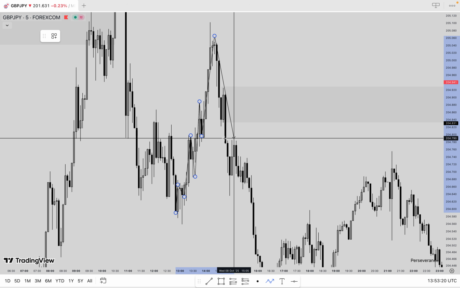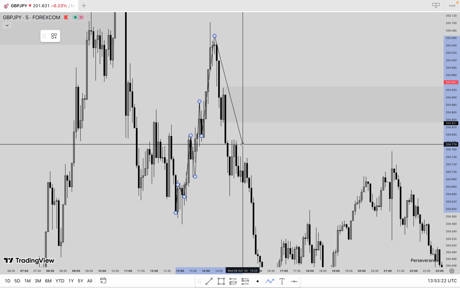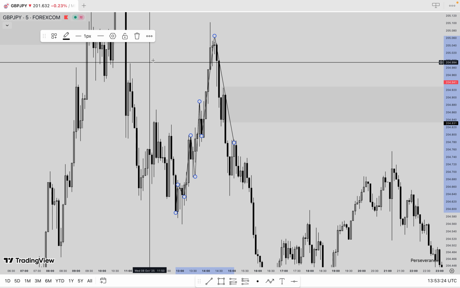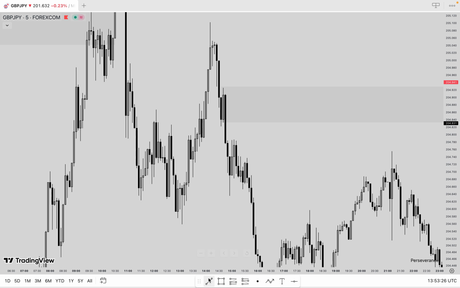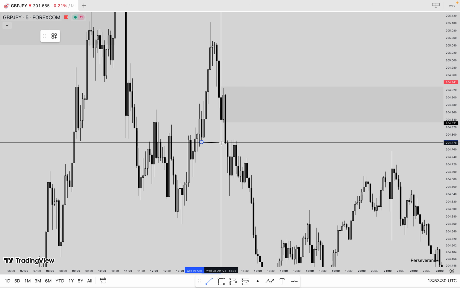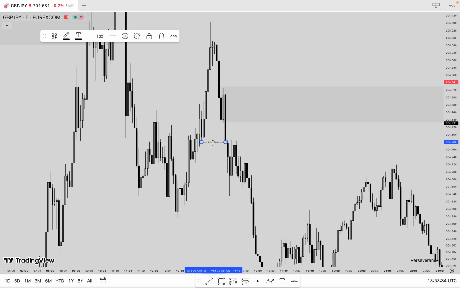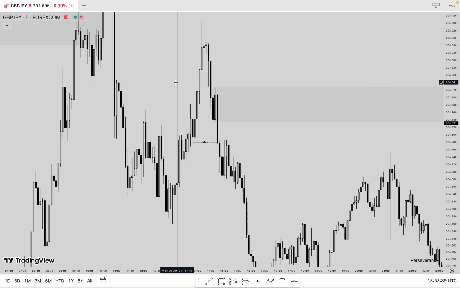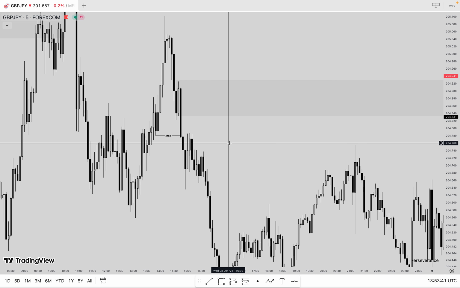But then price was unable to put in a new higher high. In that case, market gave us a market structure shift. After seeing this market structure shift, this is one confirmation that price is more likely to respect that daily order block.